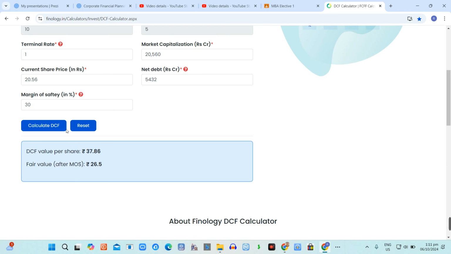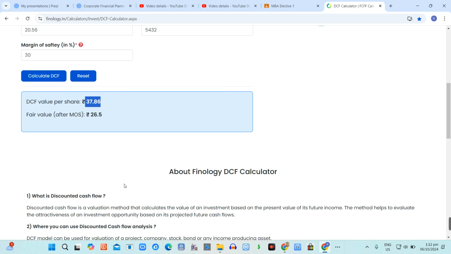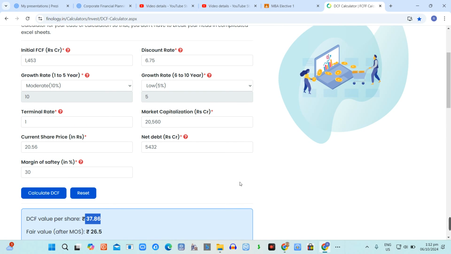So that means you are able to enter lower. So if you enter at 20.56, you are expecting the price to reach about 37.86 in the next 2 years. So anyway, all of these will be clear when we get to the financial analysis on listed companies or the stock.